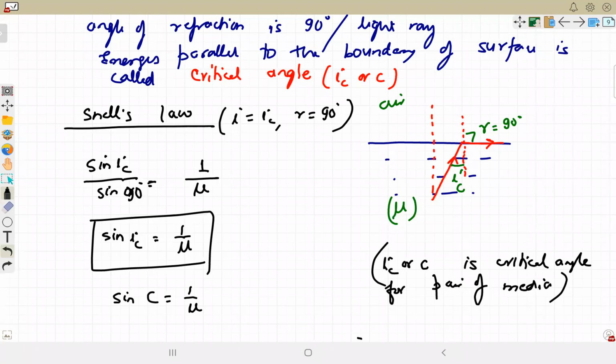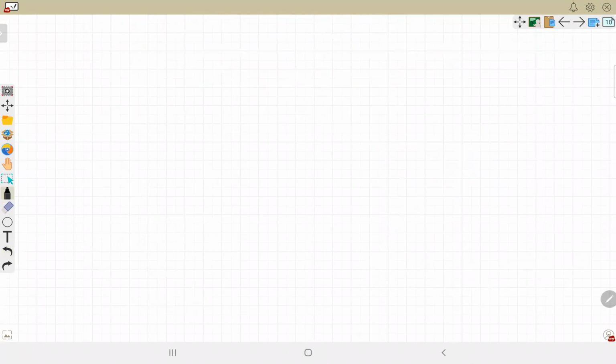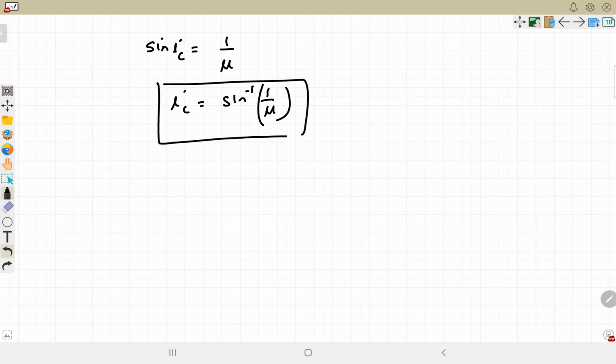Okay, critical angle is sin inverse 1 by mu. Sin inverse 1 by mu लिख सकते हैं critical angle की वैल्यू, यानी जिस मीडियम का रिफ्रैक्टिव इंडेक्स ज्यादा होगा उसके लिए critical angle की वैल्यू कम होगी. Critical angle for any pair of medium is sin inverse 1 by mu.